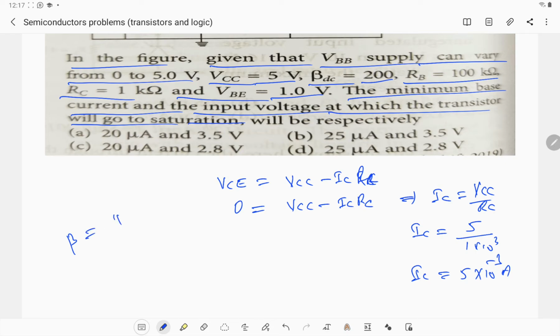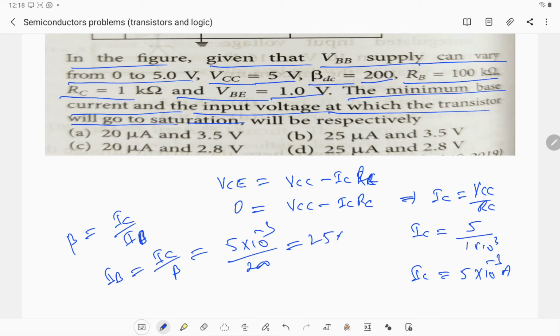And beta is equal to IC by IB, and you have to find the minimum base current. Therefore, IB is equal to IC by beta. IC is given as 5 into 10 to the power of minus 3, and beta is given as 200. Therefore, this becomes 25 into 10 to the power of minus 6 amperes.